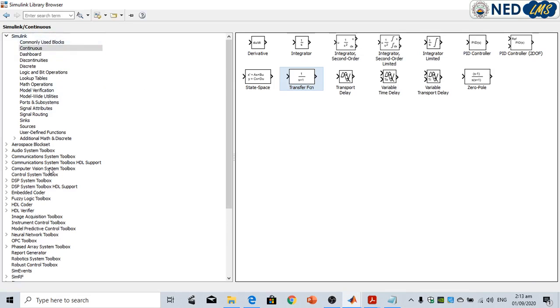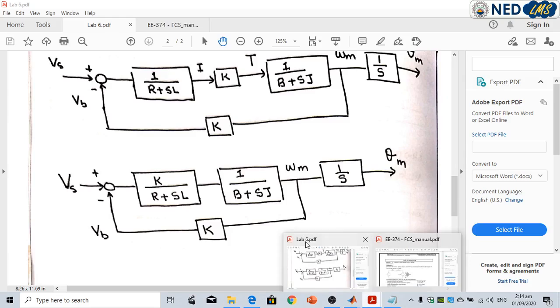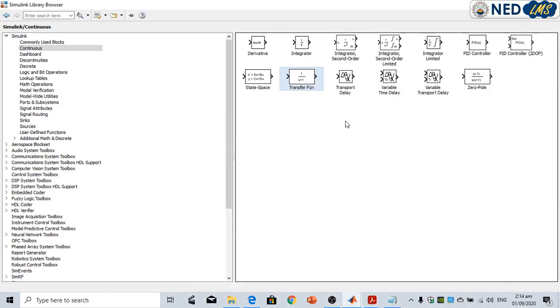Here we have a number of sections from which we are able to select the blocks of our requirement. In this continuous section, we have a block for representing the appropriate transfer function. In this diagram, we need 3 blocks for representing 3 different transfer functions.